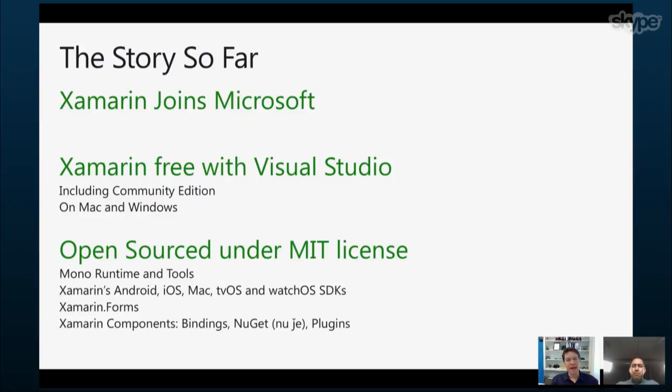One of the nice announcements that Scott Guthrie made at the Build conference was that we've open sourced all the SDKs. Not only did we open source our Android, iOS, and Mac SDKs, but we also open sourced Xamarin Forms. We also changed the license of the Mono runtime from LGPL, which had some strings attached, to the MIT X11 license.